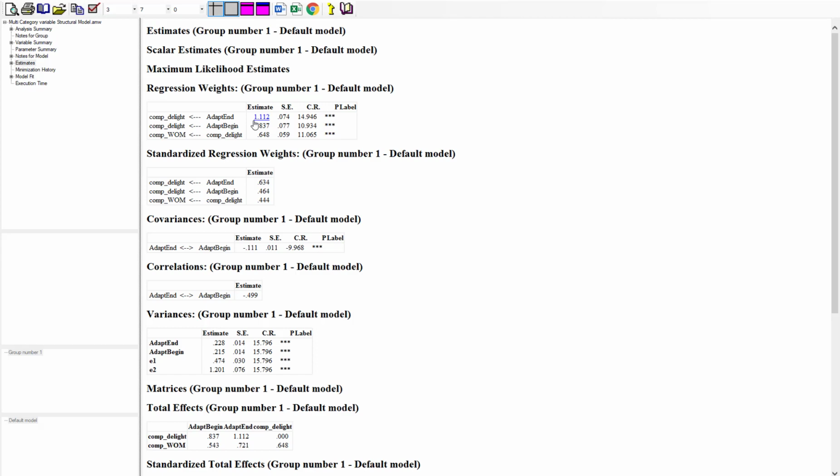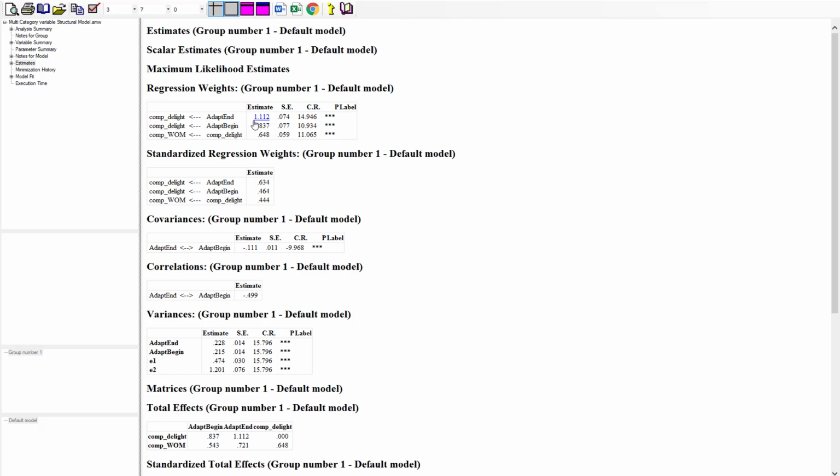And in regards to interpretation, again, this is that regression estimate in regards to the reference variable. So compared to the no adapt group, there was a substantial difference in the positive. Adapt end was stronger than the no adapt group.